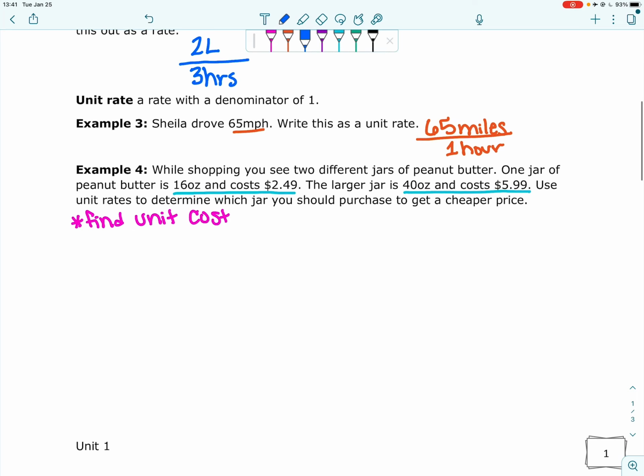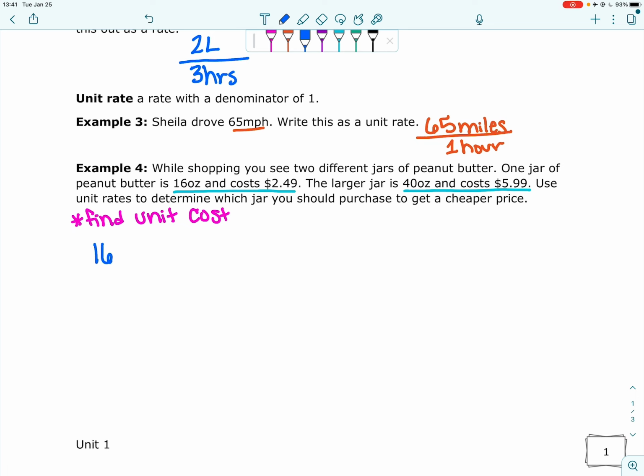So let's look at the 16-ounce jar first. To find the unit cost, what we want to calculate is the price per ounce. The word per in this case means division. So we're going to take the price and divide it by the number of ounces we get.